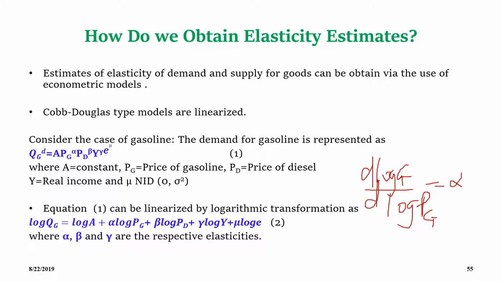And then the elasticity with respect to diesel, again, is beta. And then the elasticity with respect to income is what? Is gamma. Remember, d log g, d log pg is the elasticity, okay? Elasticity.